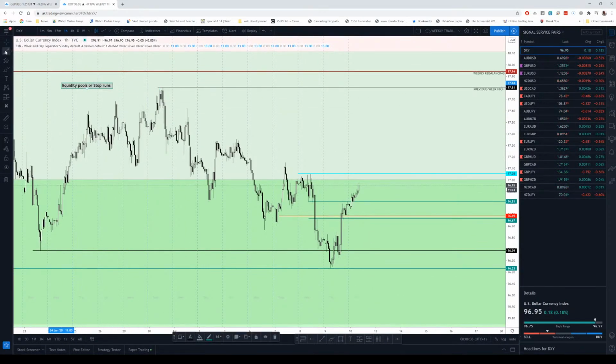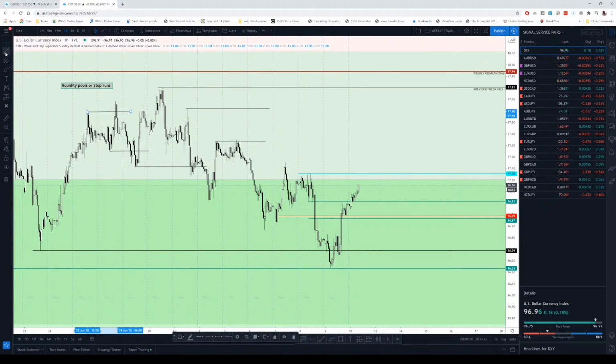Pay attention. Below swing lows and above swing highs, we have something called a liquidity pool, or where most people will put their stop losses. So when we are in these conditions, that's all the market is going to do.